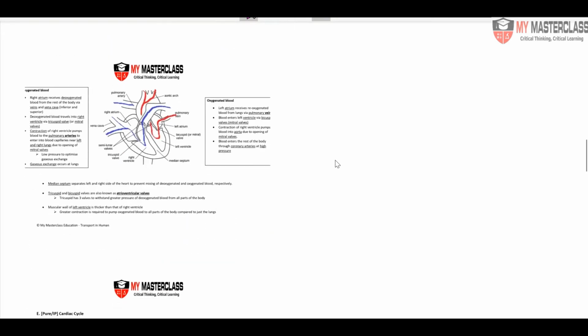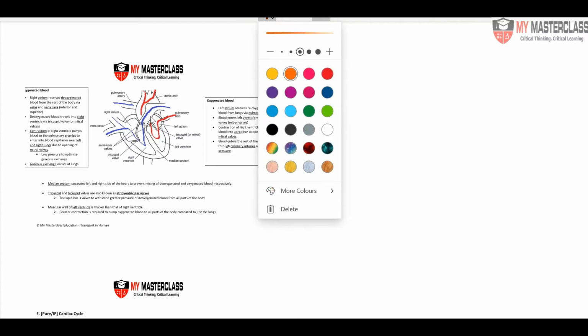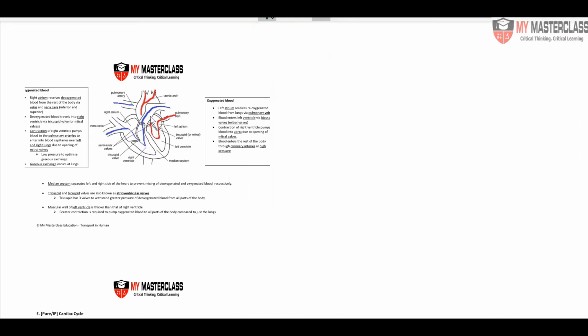Now, let's look at the next page, whereby you have got oxygenated blood and deoxygenated blood. The deoxygenated blood is depicted by the blue color, so over here, this is my deoxygenated blood, and my oxygenated blood is depicted by the red color here.